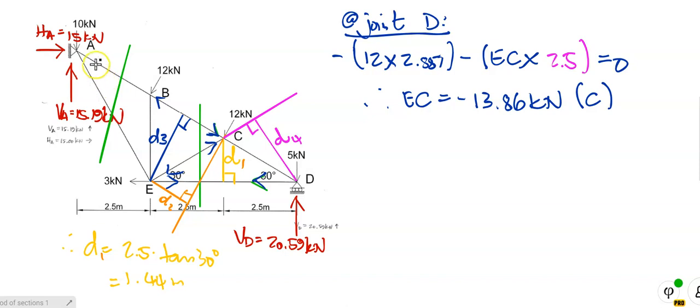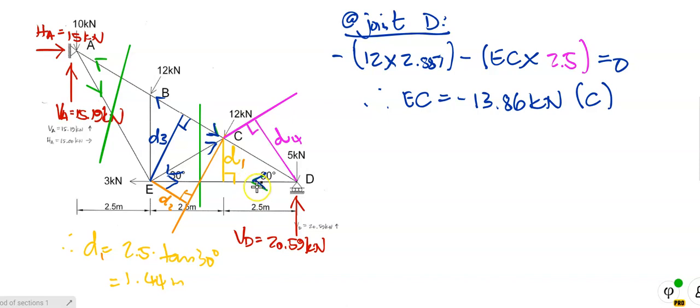Then assume member AB to be in compression and member AE to be in tension. I would consider forces either to the left or to the right of that section. Notice there, I only cut the 2 members. You can cut any members, but you can't cut more than 3 unknown members at the same time.